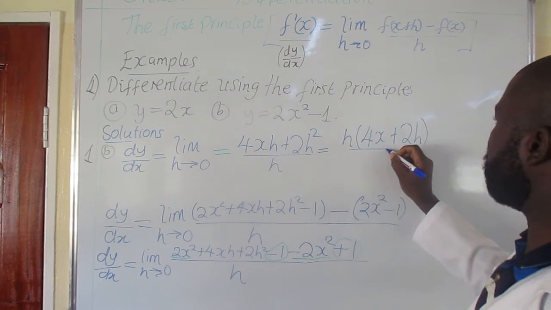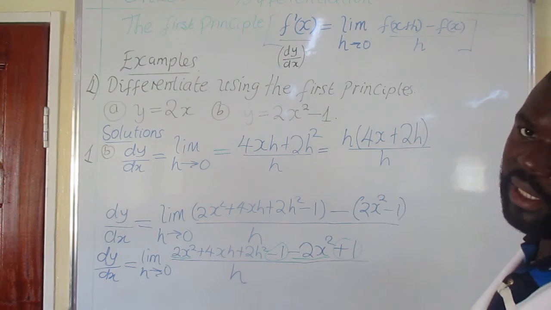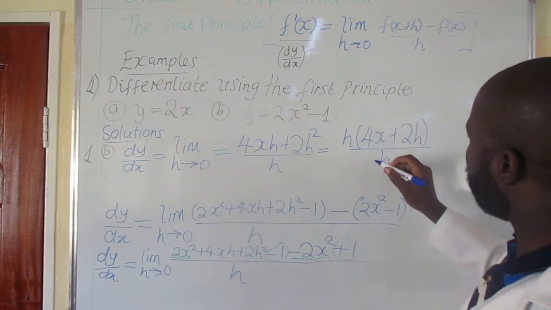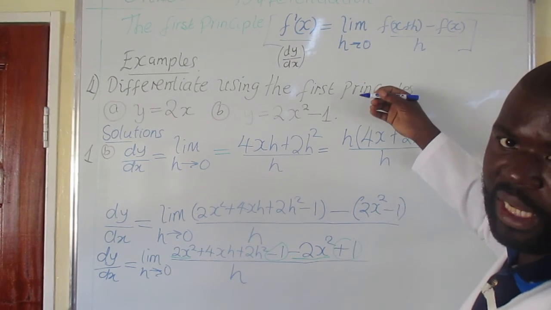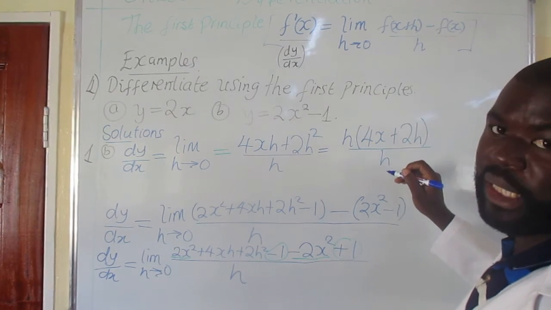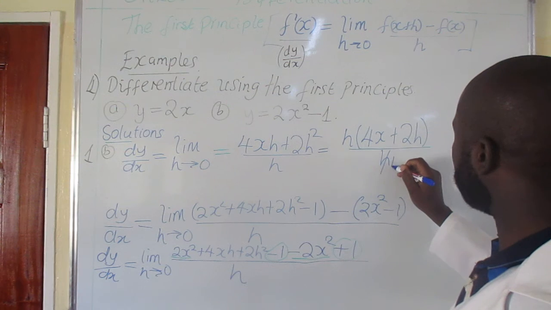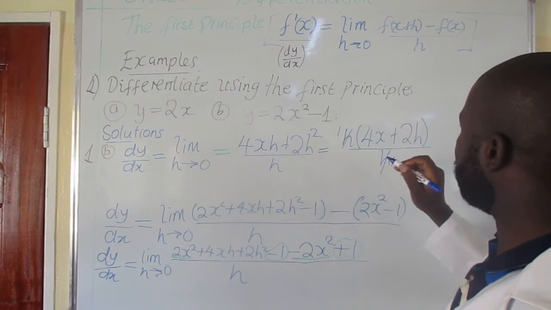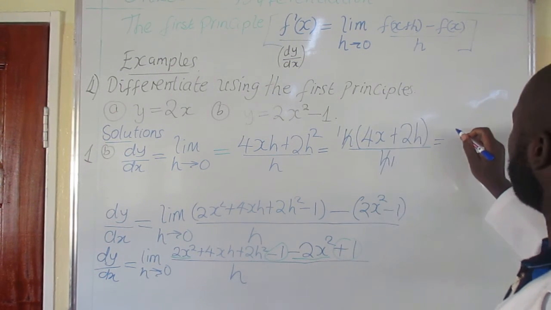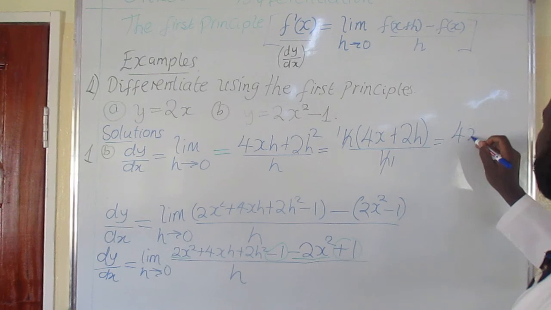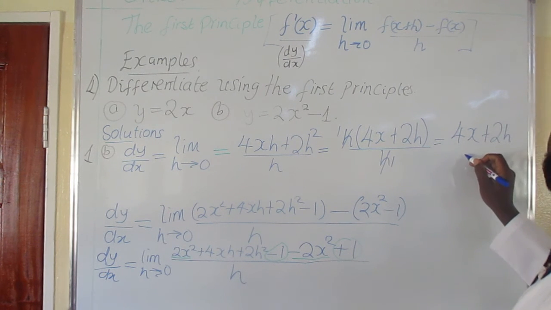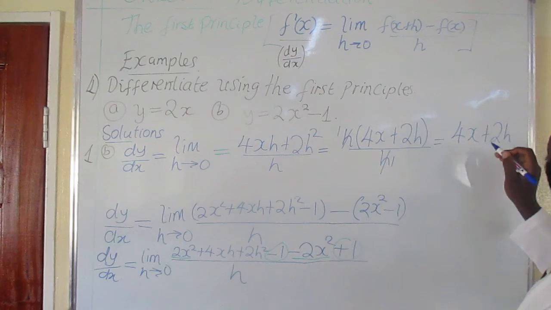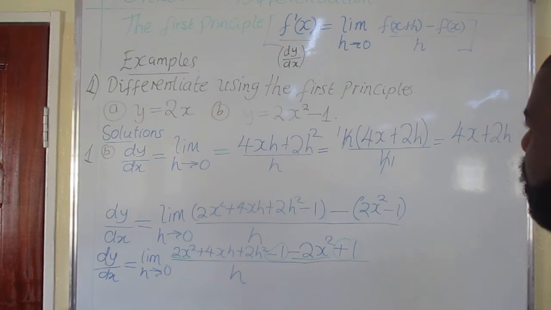So this is what we are going to have as our numerator. So you can see we have the two h's here on the numerator and the denominator. So we can easily say h over h is 1. So that we have our numerator in 4x plus 2h. We have 4x plus 2h.